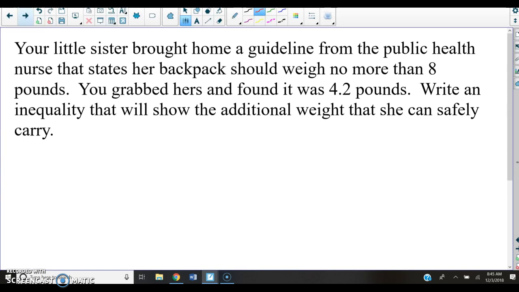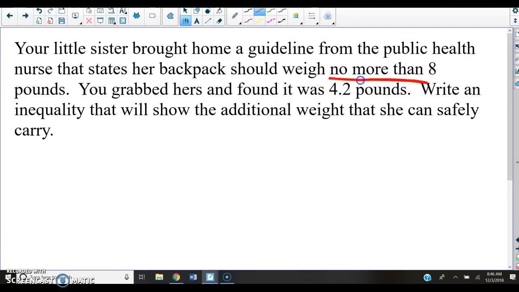Okay, and I already gave you an example where you use inequalities often with money, but here's another quick inequality in an application. Your little sister brought home a guideline from the public health nurse that states her backpack should weigh no more than 8 pounds.